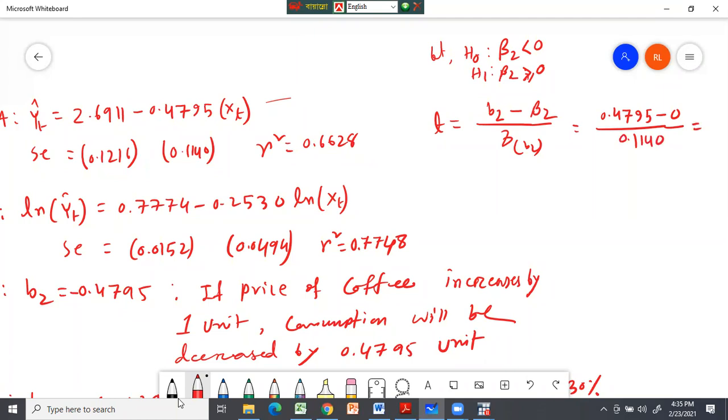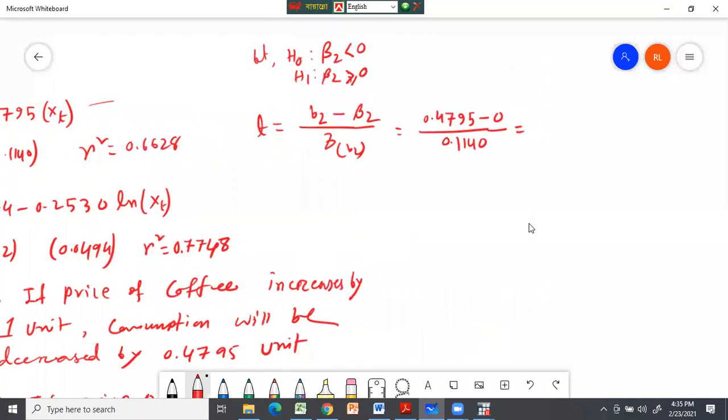Now calculate your t value. What is the t value? 4.21. Now you have to test whether it is statistically significant or not by observing the critical values of the t table at the end of your text.